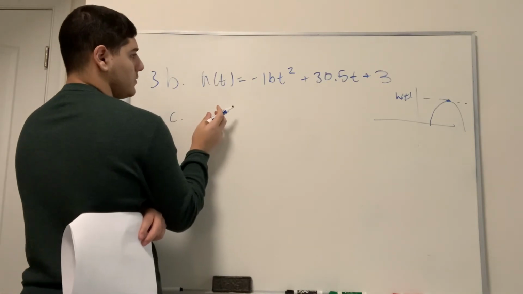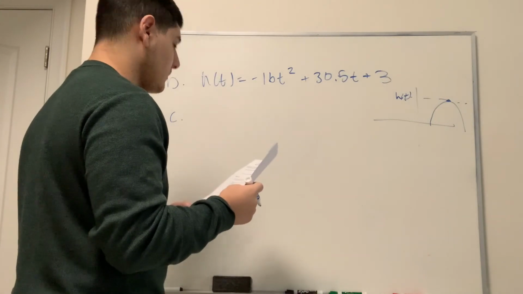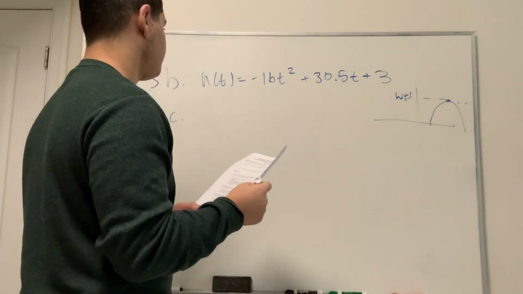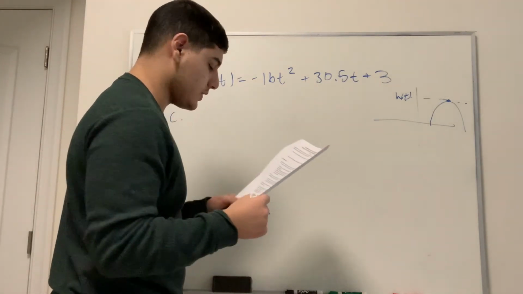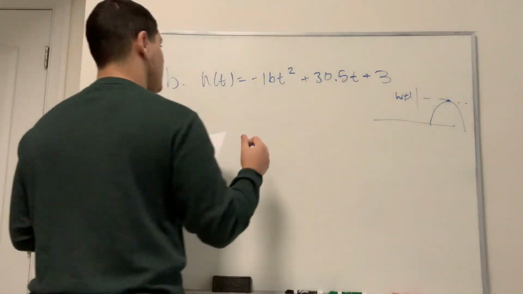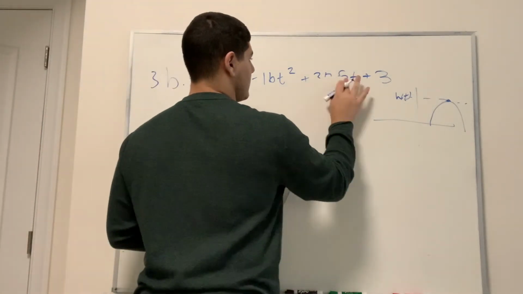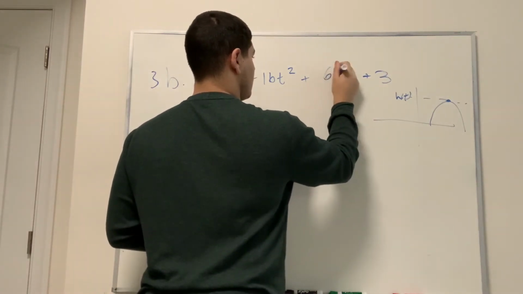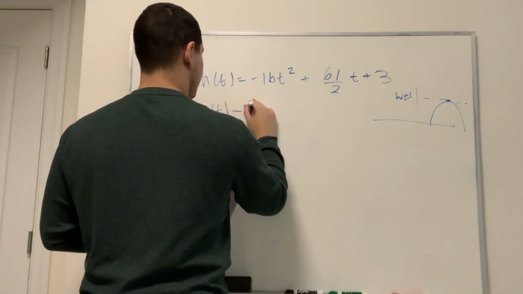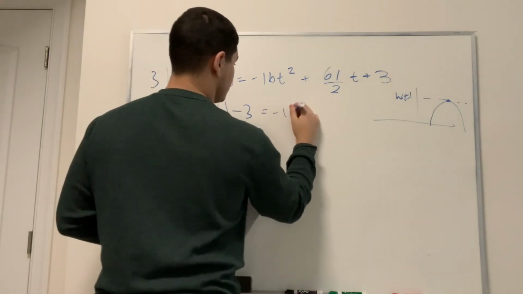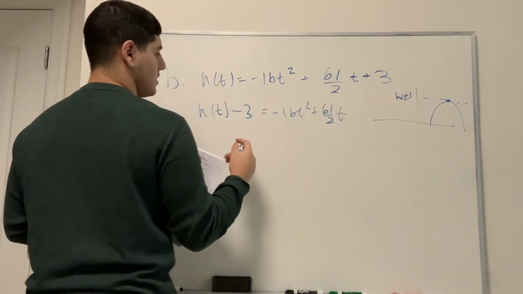I don't know if I'm allowed to graph it or not. Unfortunately my graphing calculator is not with me right now, but if I'm not allowed to, I can try. I'll write this as 61 over 2. So h of t minus 3 equals negative 16 t squared plus 61 over 2 t.